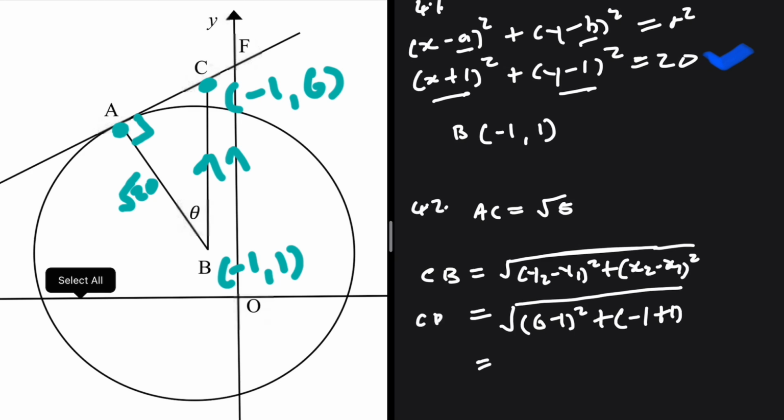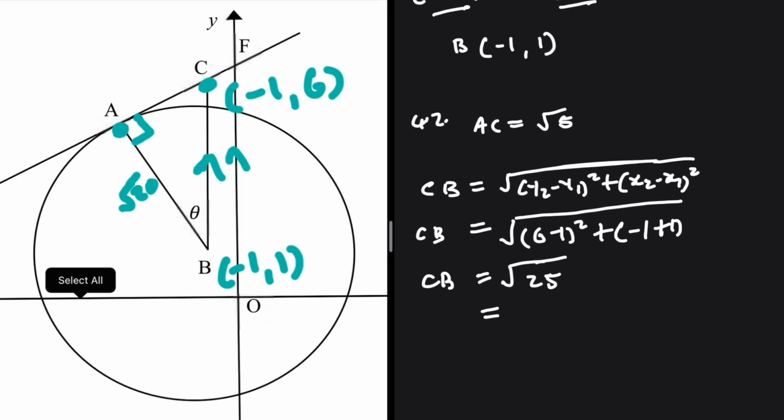So CB equals the square root of 5², which is 25. The distance is always positive, because distance is a scalar and not a vector. So already we can see that CB should be equal to 5 units.